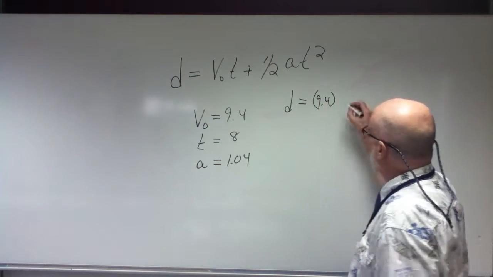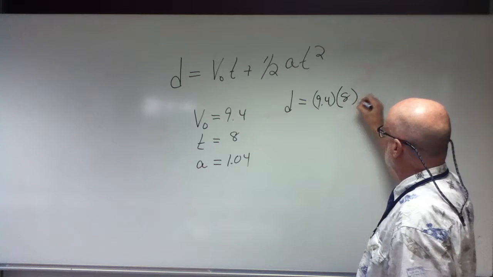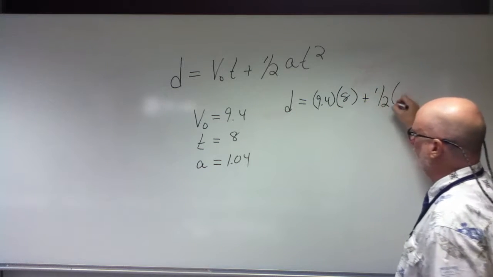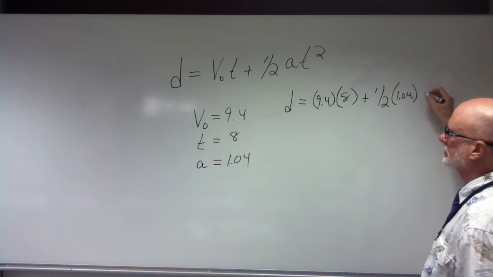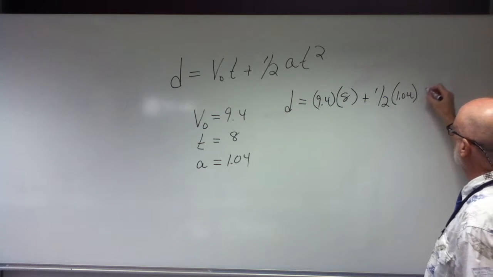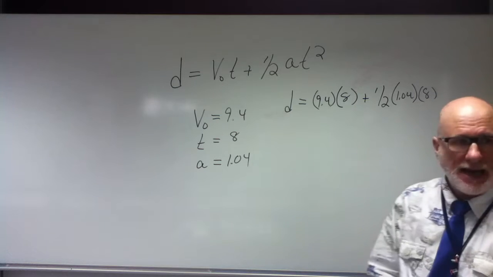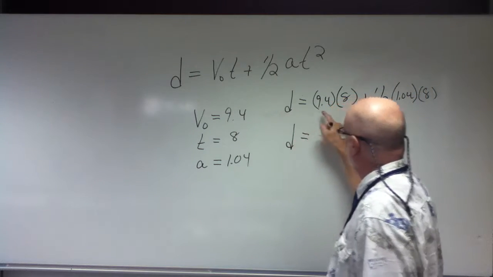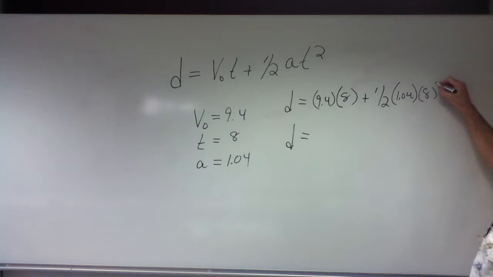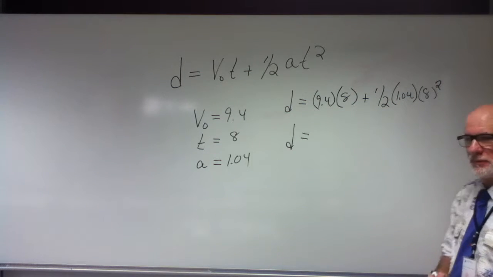So T is going to be 8 plus 1/2 times 1.04 times what? 8. Now let your calculator do the work for you. Do it in 2 parts. Do this part and then do this part. This is squared.